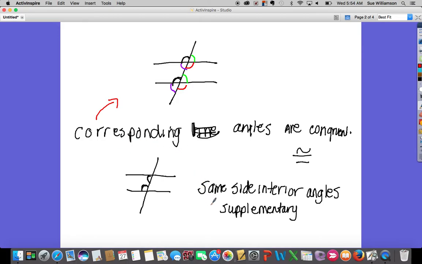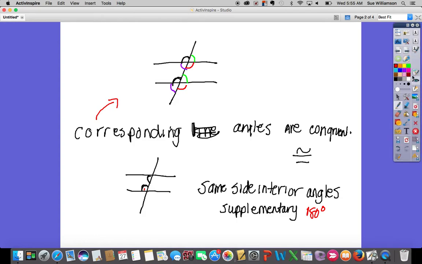Same side interior angles are supplementary, which means that they add up to 180 degrees. And it's just like it sounds. They're on the same side of the transversal, but they're interior. So both of these angles are on the inside of the two lines, but they're on the same side of the transversal.